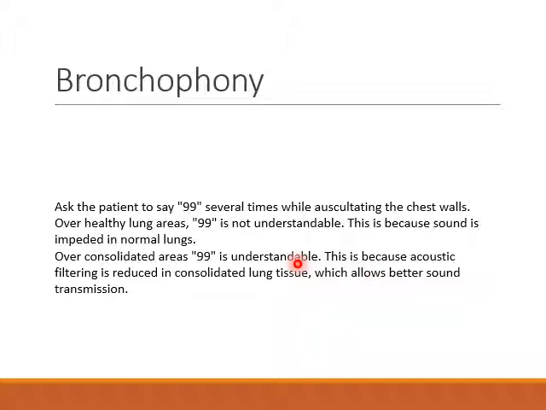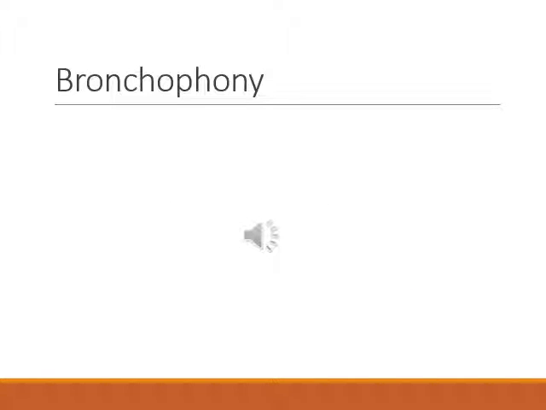As I said before, the alveoli prevent the transmission of high frequency sound. So if I have a consolidation, the high frequency sound will pass, leading to better sound transmission. In this example, I asked the patient to say 1, 2, 3 and you auscultate it clearly.